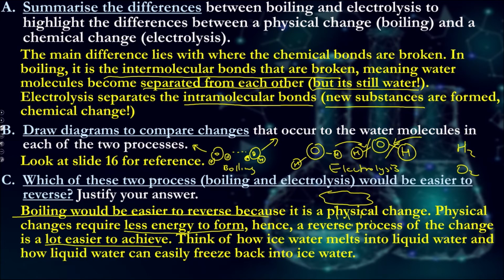If we were to look at electrolysis, not only does it require a lot of energy, that's why we use electricity, we also need to do the reverse. So you have to put in equal amounts or even more energy to cause that breakage. So the one that requires less energy and is easier to reverse is the boiling component here.